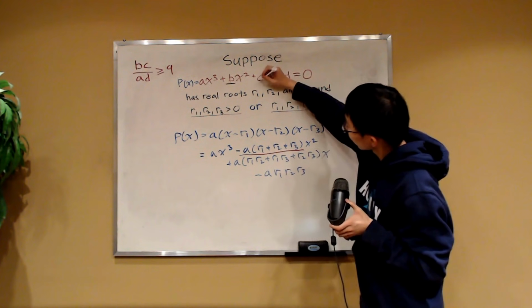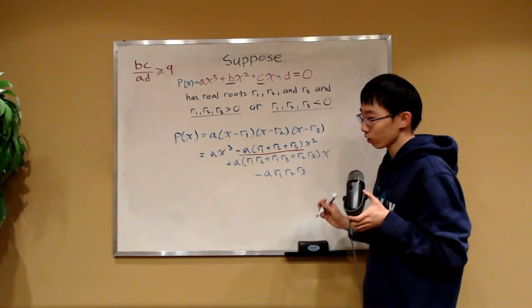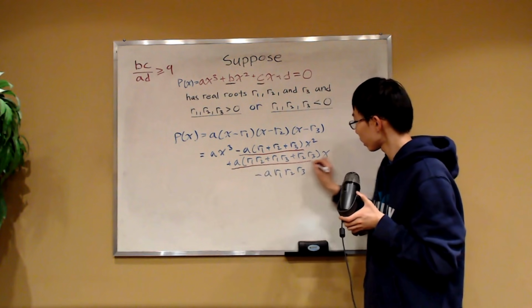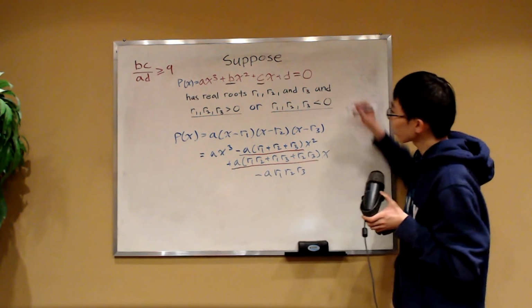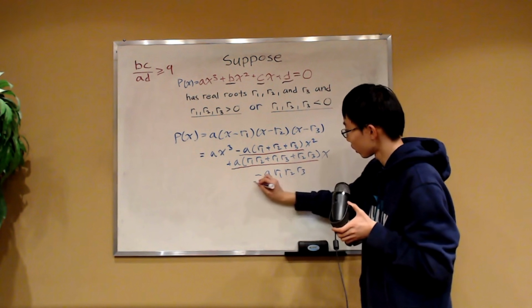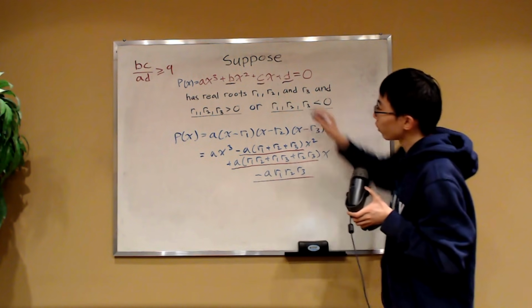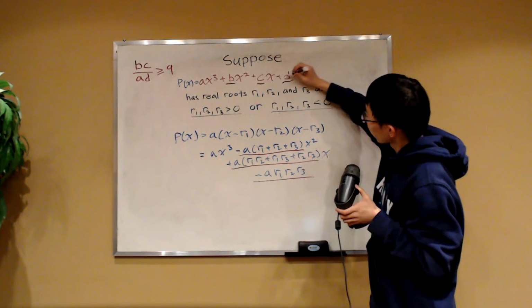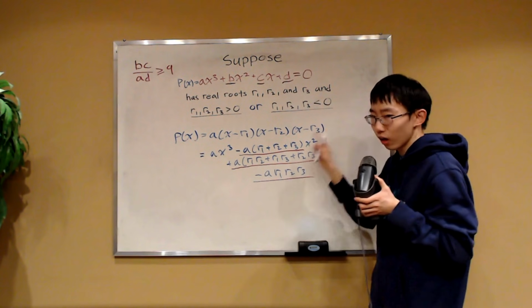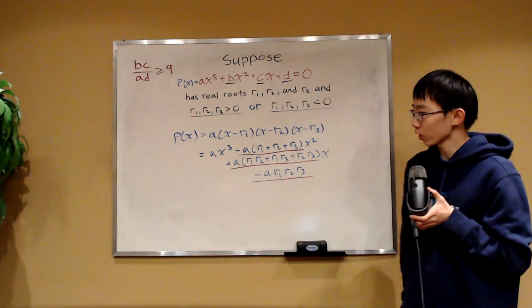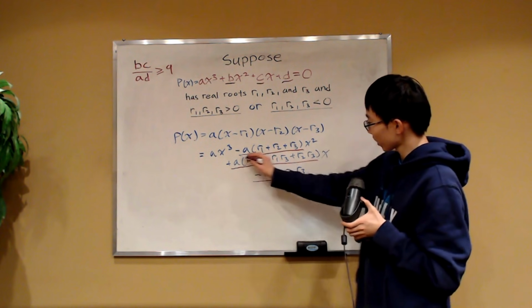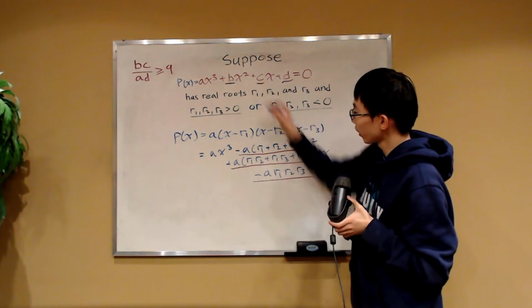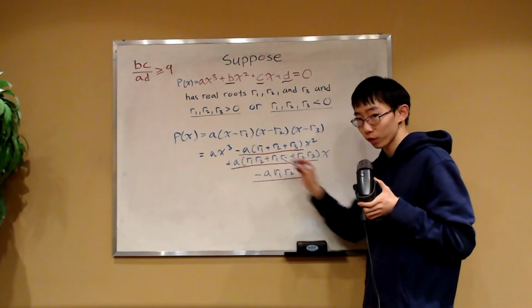And we know that this c over here, well, that's equal to this over here, right? It's the coefficient of x. So we're basically just comparing coefficients, and we're able to write each of these coefficients up here in terms of r1, r2, and r3. Okay, so let's write it out. Because this coefficient over here is equal to this b, with this negative, so be careful of that.